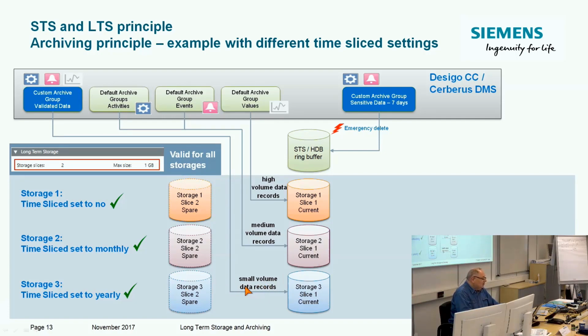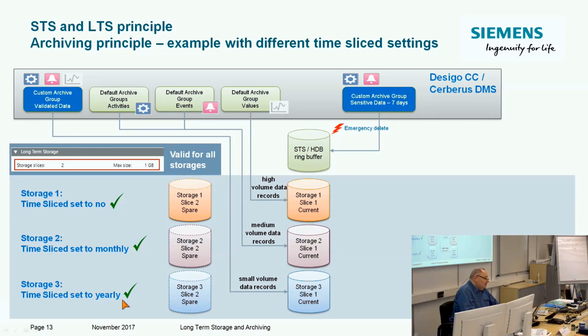So here, because I'm having just a few data, and they probably are not generating a lot of volume, I might want to have them in yearly pockets. The volume I'm using for those slices is dictated by the trending here, so I might have just a small amount of data compared to slice 1 or storage 1.